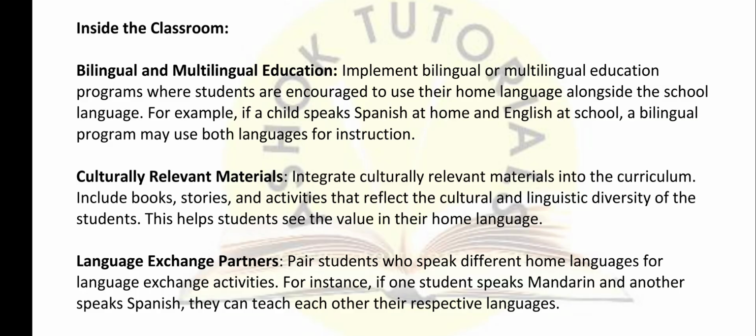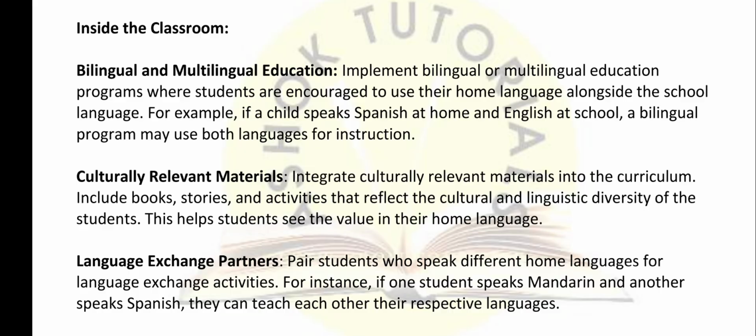You are going to use multilingual and bilingual education. What is this now? Let us see. Implement bilingual or multilingual education programs where students are encouraged to use their home language alongside the school language. For example, if a child speaks Spanish at home and English at school, a bilingual program may use both languages for instructions.